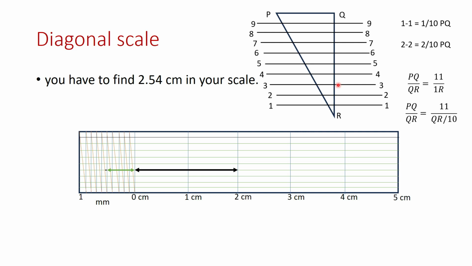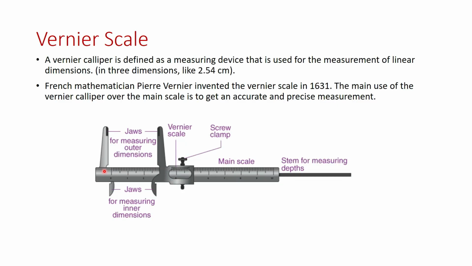This 3 will be 0.03 centimeter, like this. So by using this diagonal scale, now we are able to measure up to 3 dimensions like 1 centimeter, 2 centimeter, then 2.5, then 2.54. Now the third kind of scale is the most popular, that is the vernier scale.